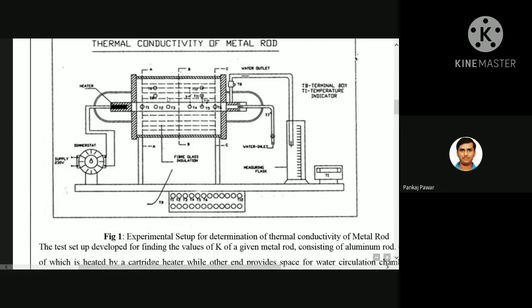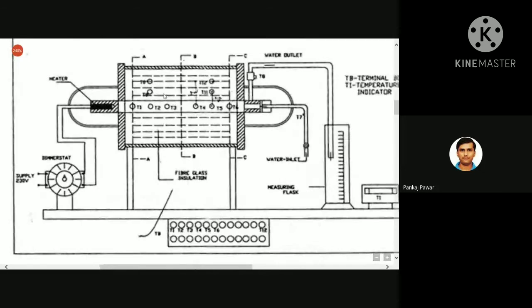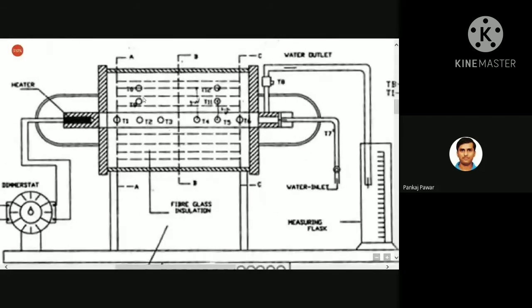Fiberglass insulation is provided surrounding the metal rod in the test section to avoid heat loss in the radial direction. Do you observe this? This is the metal rod part, and surrounding that circular metal rod, they have provided the insulation.